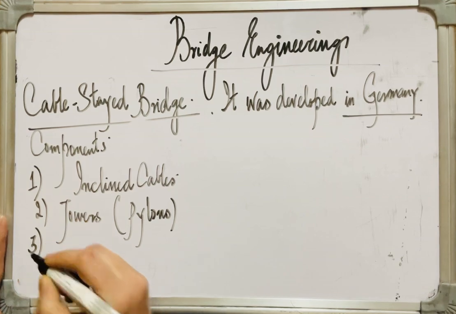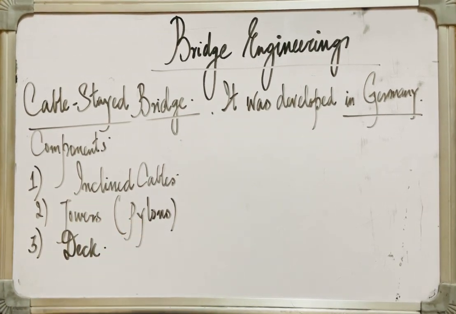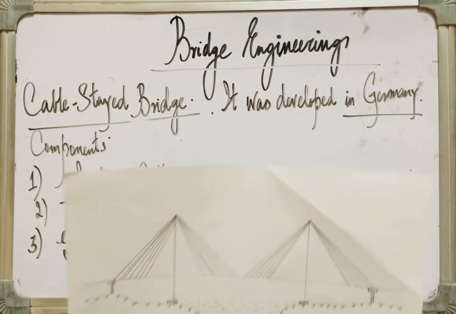And then we have the bridge deck. All right, so a bridge whose deck remains suspended by virtue of multiple cable system that runs down to the main girder of the bridge deck from one or more than one towers is known as a cable stayed bridge, and this was developed in Germany.